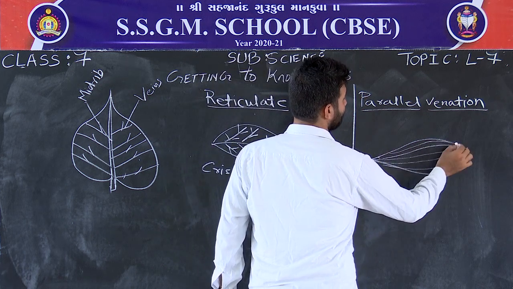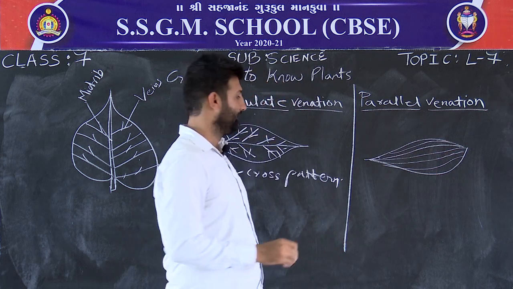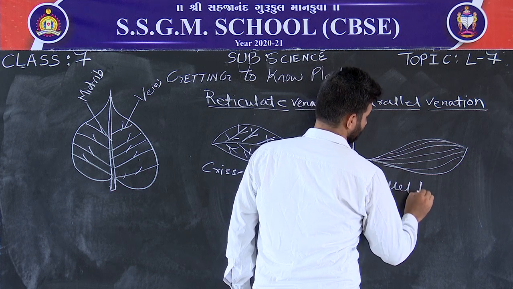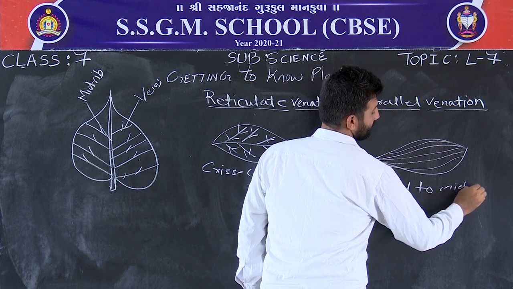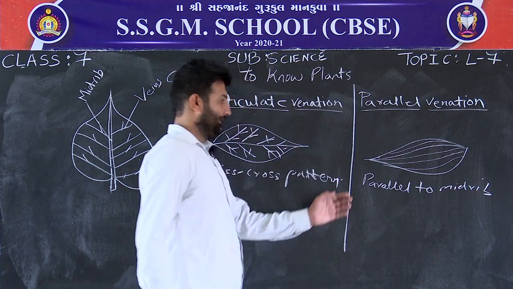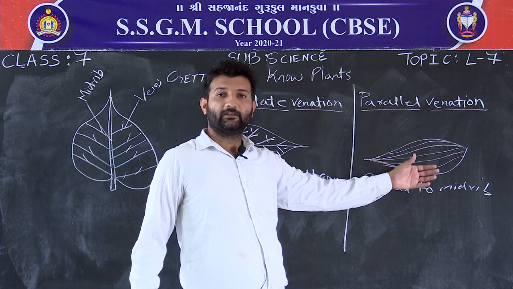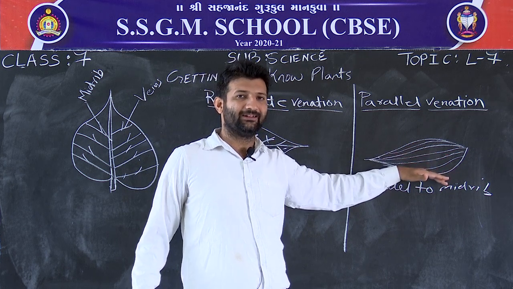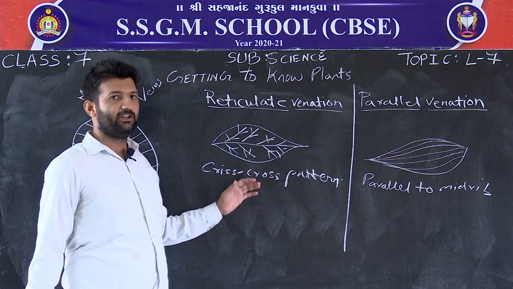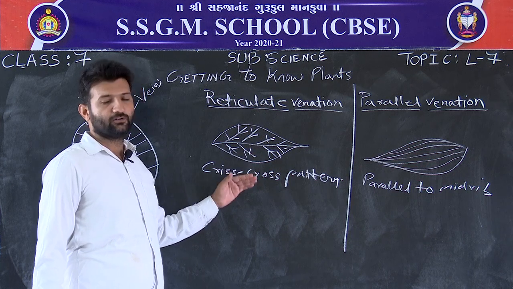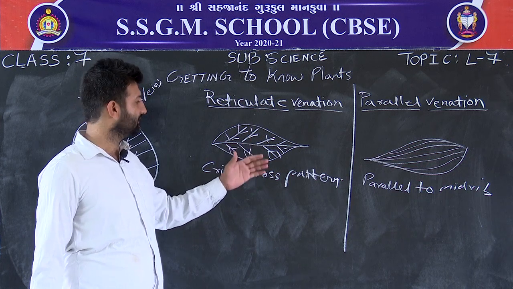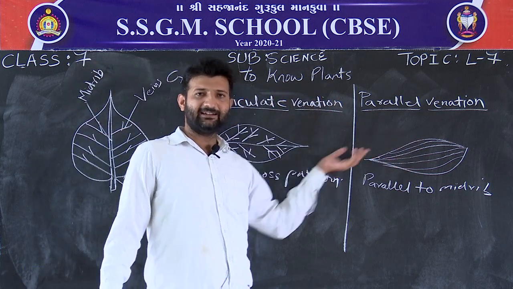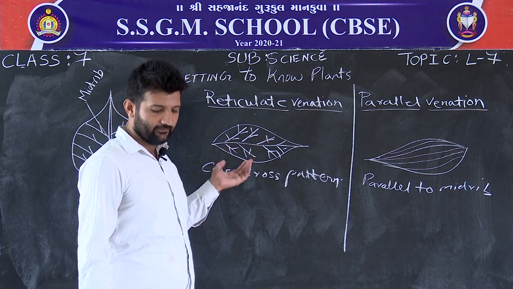All veins are parallel to one another, that is, parallel to the midrib. In this type of venation, the pattern is parallel. All the veins are parallel to one another, while in the other venation, the veins are crisscross in pattern. So, hope you understand the difference between reticulate venation and parallel venation. These are the designs we observe on the structure of a leaf.